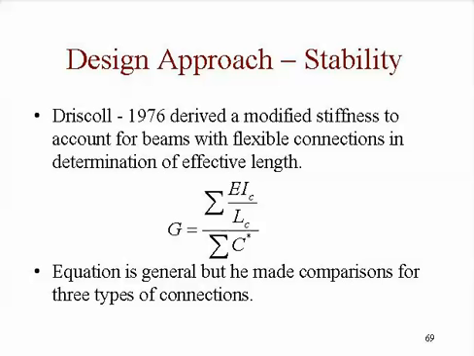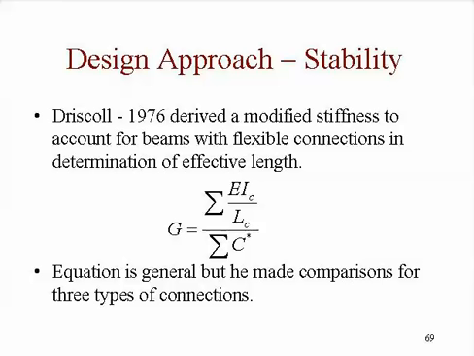Driscoll presented a paper in 1976 where he looked at determining that stiffness ratio when you have beams connected with semi-rigid connections. And he calculated this term sigma C star, and that is the same as sigma EI over L of the girders.